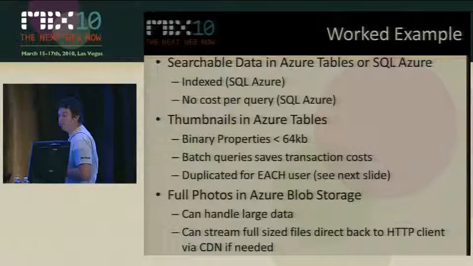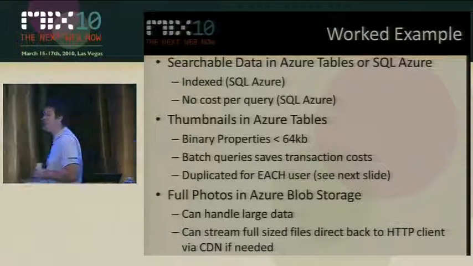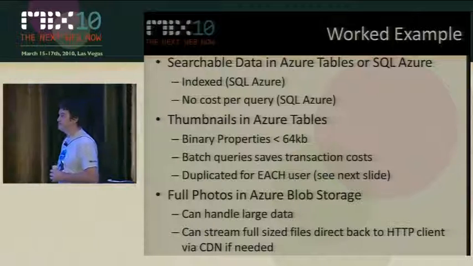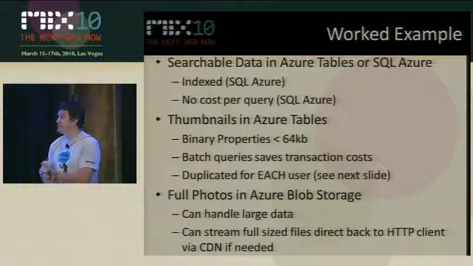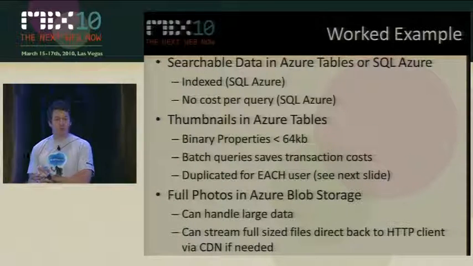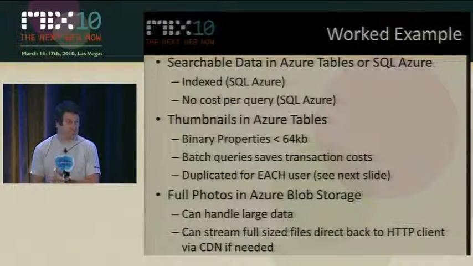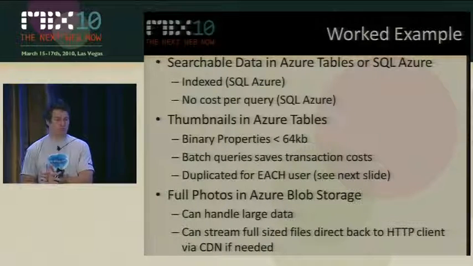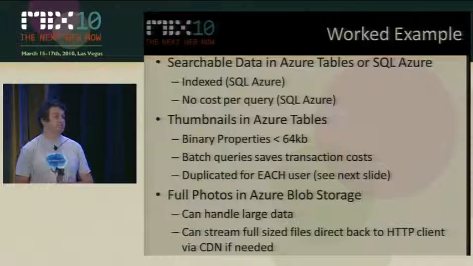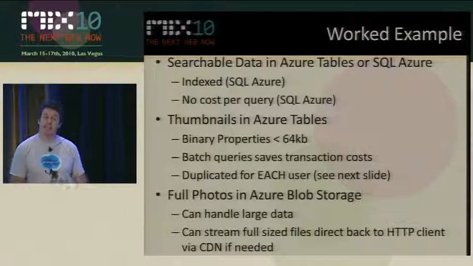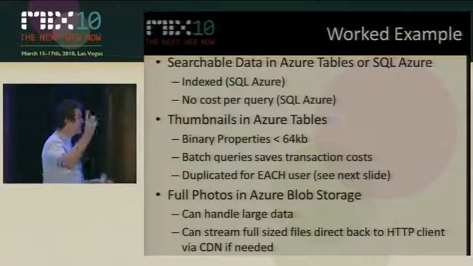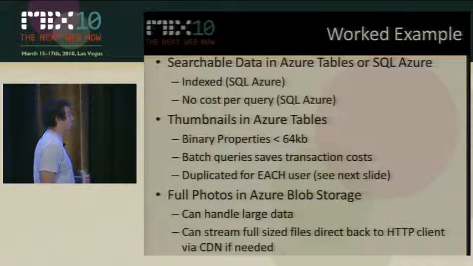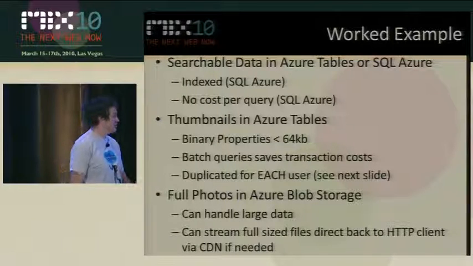So put my searchable data into Azure Tables or SQL Azure or both. My thumbnails would live in Azure Tables. Any binary properties less than 64K, stick them in Azure Table Storage. Right? Because there's the potential to grab not only the binary data, but also associated data in a single batch query. So we want to use batch queries there to reduce our transaction costs.